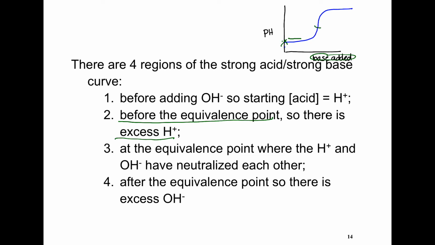And then we get to the equivalence point where the hydrogen ions and hydroxides have neutralized each other, and we said that the pH is going to be 7 there for a strong acid, strong base. And then after the equivalence point, there is excess hydroxide. So the pH is going to be based on the pOH, which is the negative log of the hydroxide ion concentration.